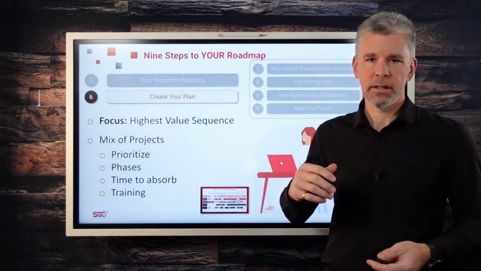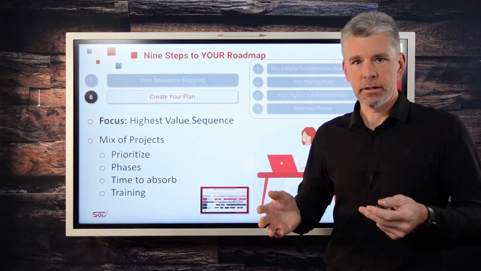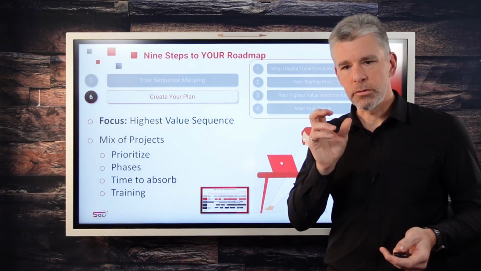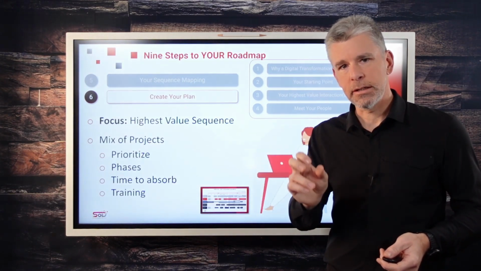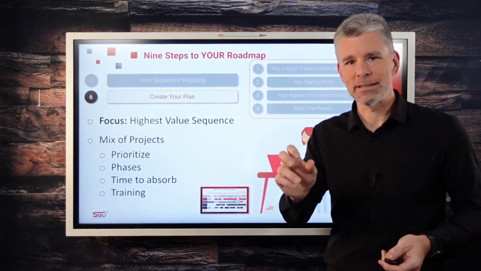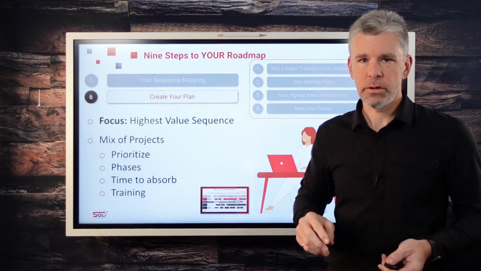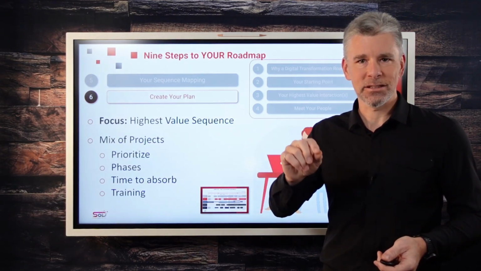I know that as entrepreneurs, we want to go fast, we want to go speedy, we want to have everything ready yesterday. But you need to think about the people again, and you need to make sure that you are keeping or adding some time for them to absorb these things. They're going to thank you for that, and they'll be ready for the next project. So don't go too fast. Again, this is a journey.